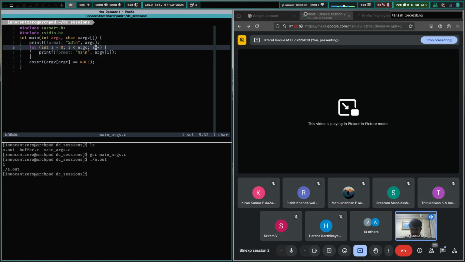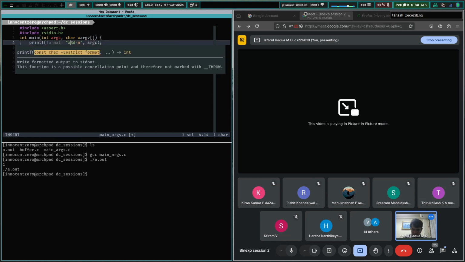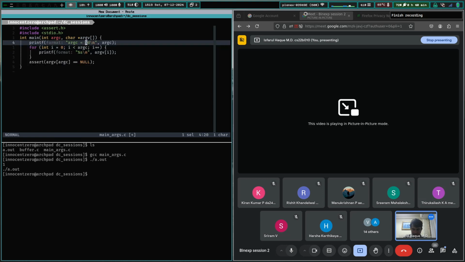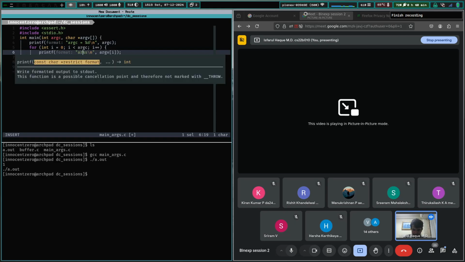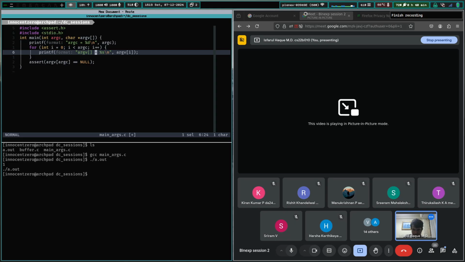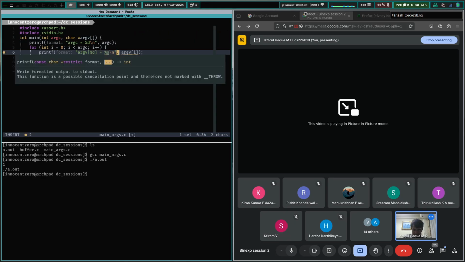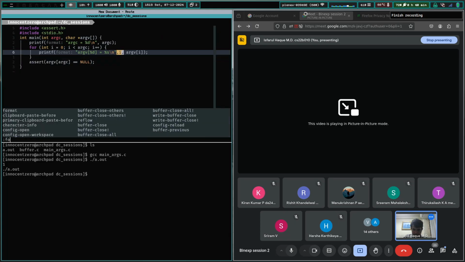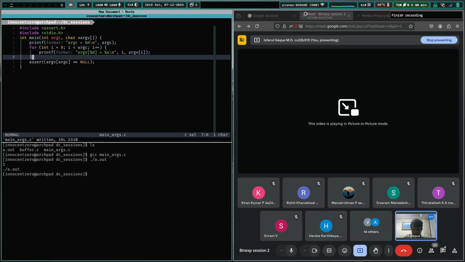So the first value is argc, second value is argv of... clear.